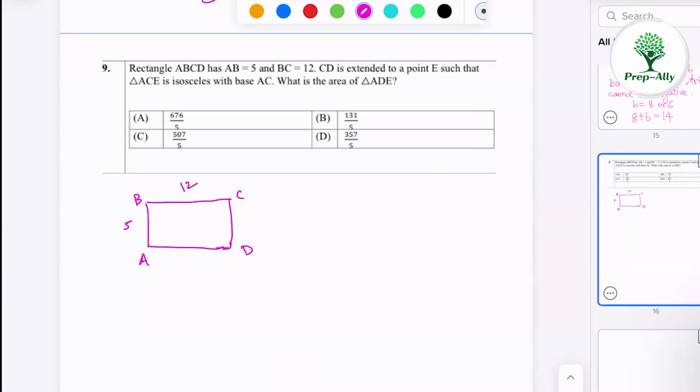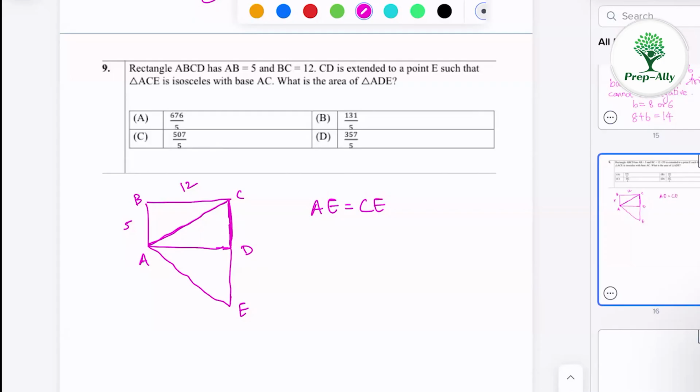Now CD, that is this, one of the sides, is extended to a point E such that triangle ACE, that is this triangle, is isosceles with base AC. So base AC, the diagonal is the base, and AE equal to CE, right?